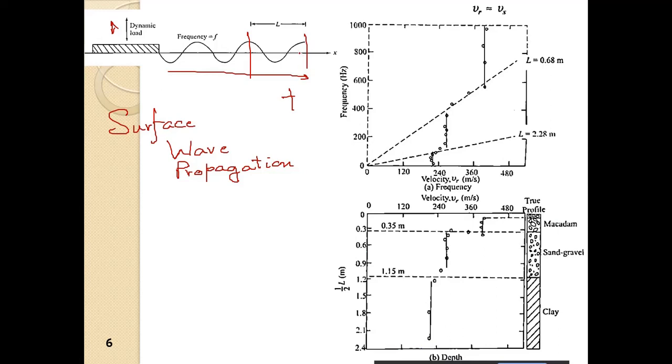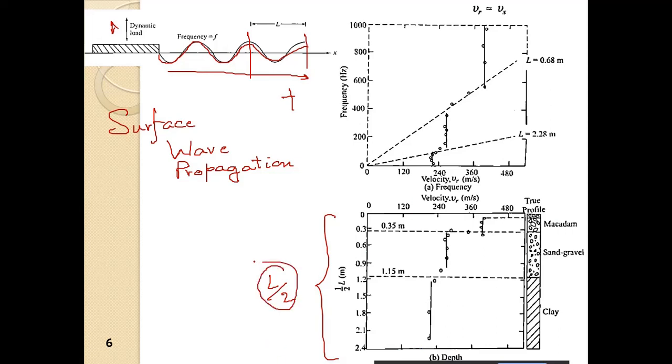Now, as we have seen before, the effective depth, or the depth of influence of this wave, is basically L by 2. So just recollect that, and we will come to that. Why is this so important?